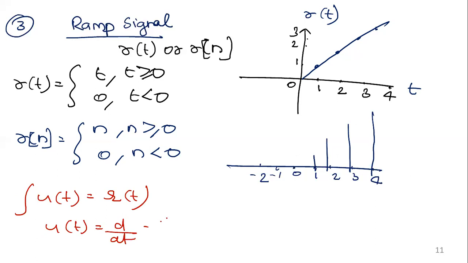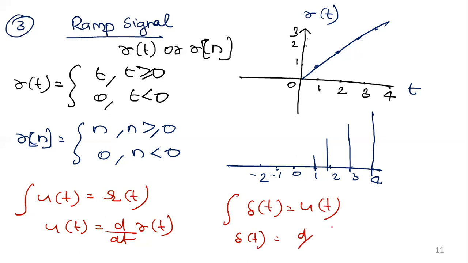That's why in the first class I told you should be very familiar with calculus, differentiation, integration and all. And when it comes to impulse, integral of delta of t is equal to u of t. So delta of t will be equal to d by dt of u of t.